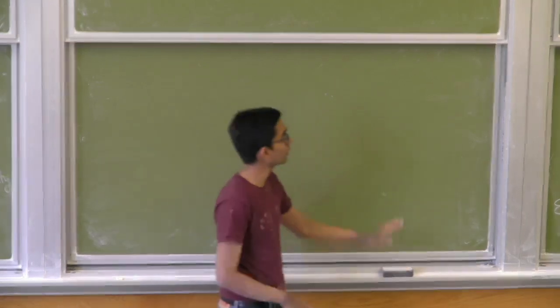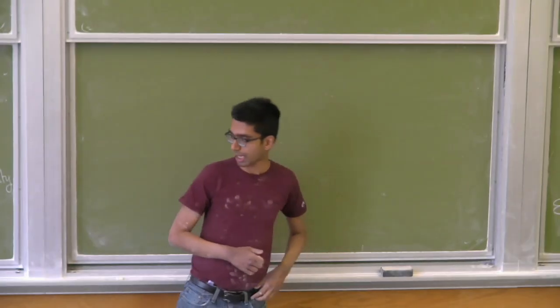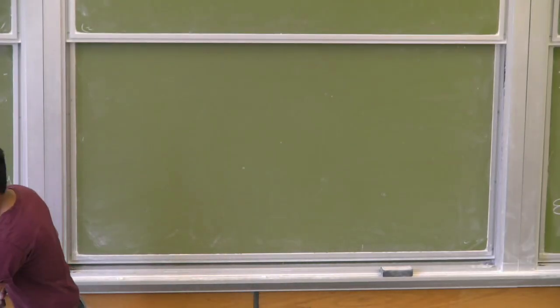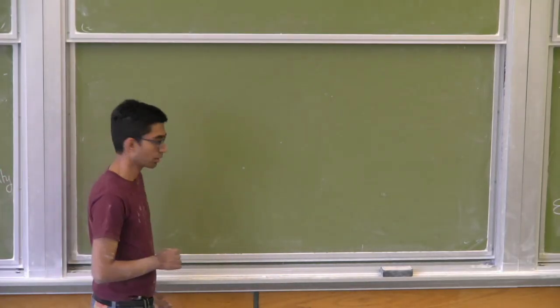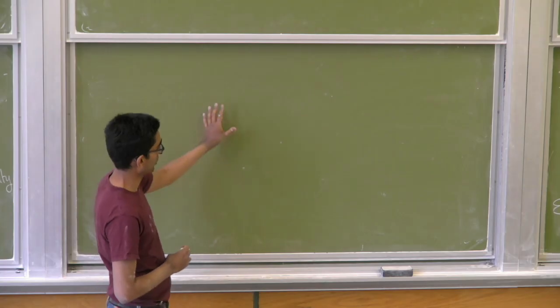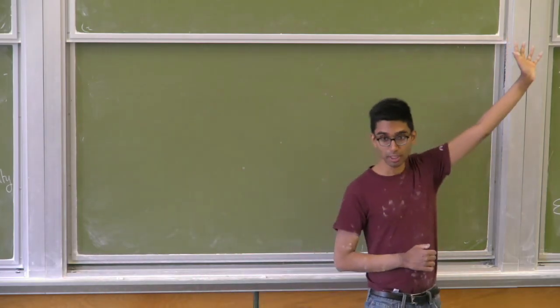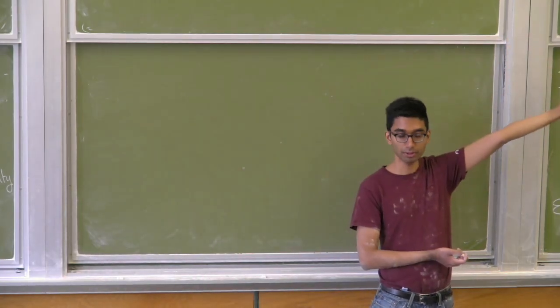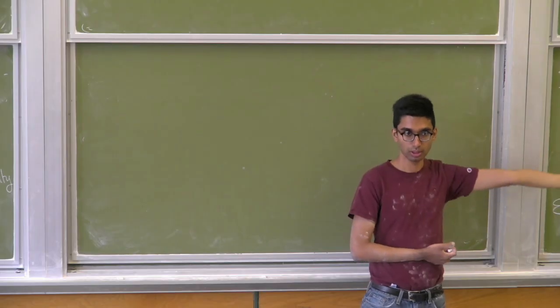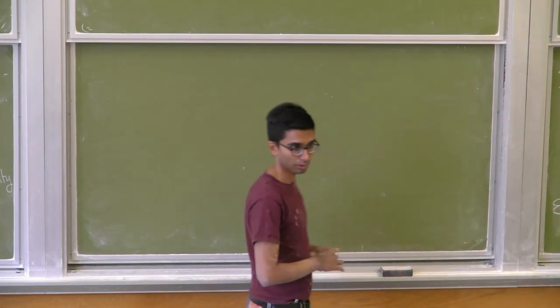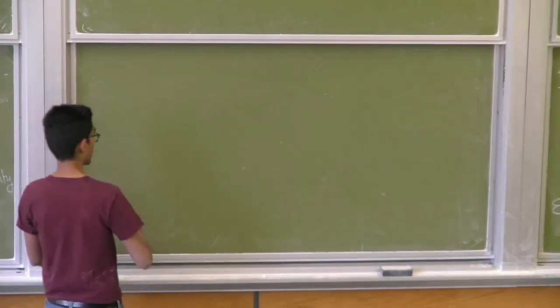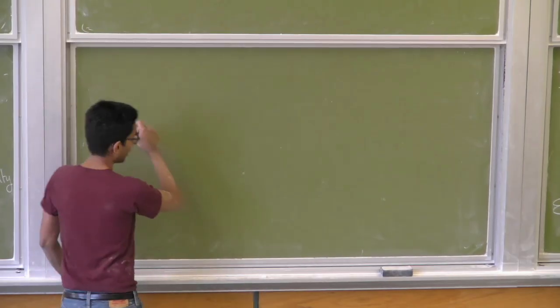So the goal is to have something like this for arbitrary k. Right. So maybe I should start by first explaining the theory of linear duality in this context, and then we'll get to the statement for algebras. Okay, so there's an analog of this linear duality.